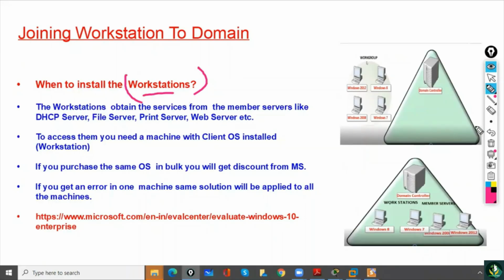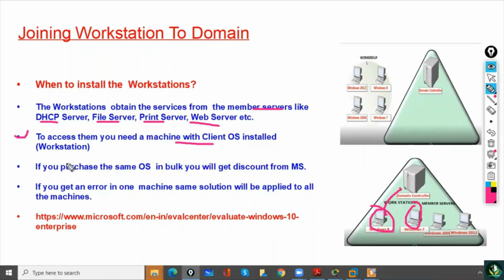So workstations obtain the services from the member server like DHCP server, file server, print server, web server, etc. To access these services, you need a machine with client operating system installed. So these are the client machines, and they will take the services from the server.